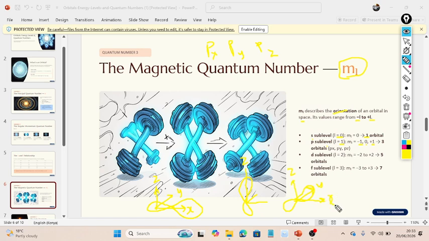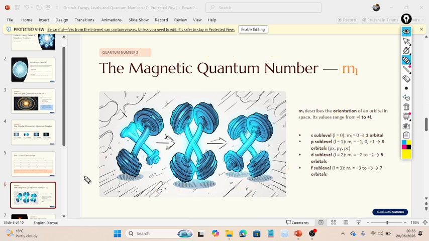So that's the role of the magnetic quantum number. It gives us the orientation of that orbital within the subshell of an atom.